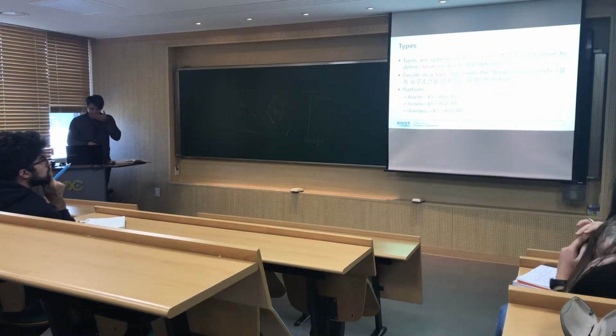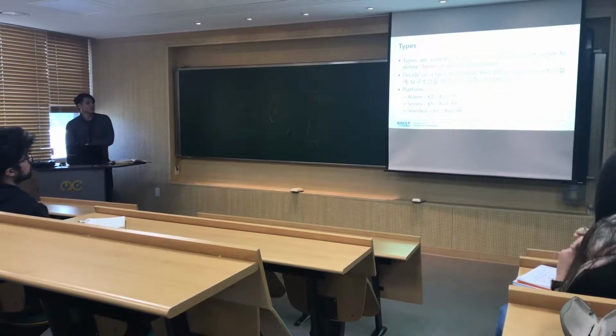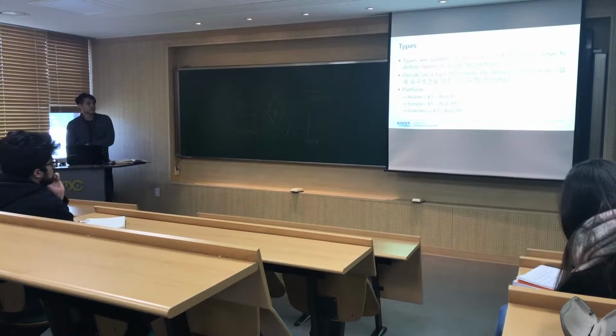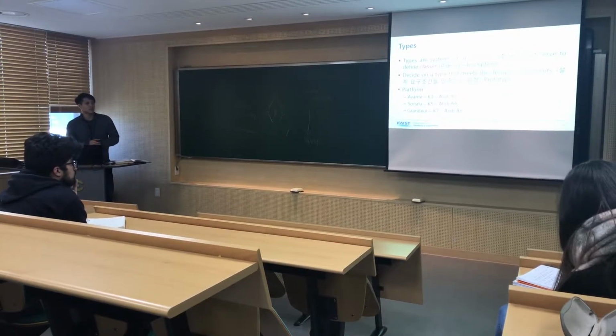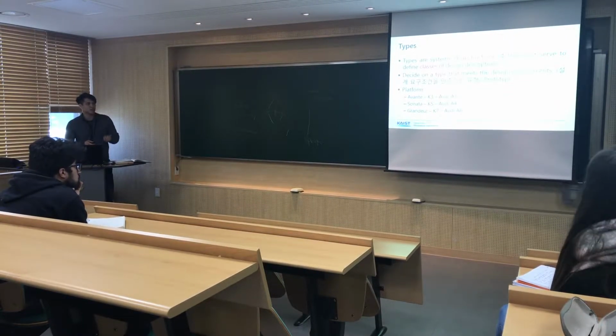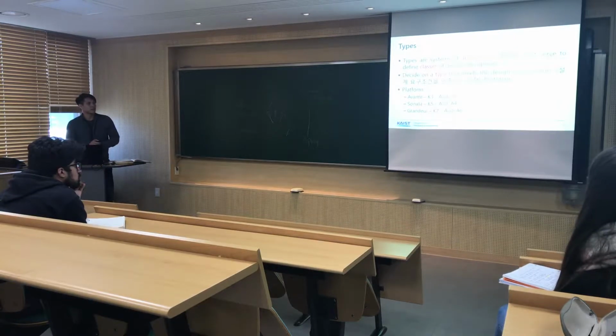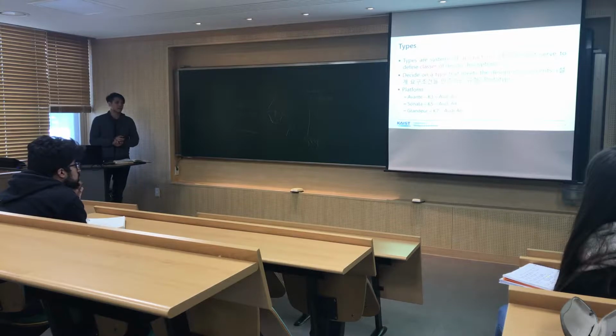And the next is the different types. Design types are systems of abstractions that serve to define classes of design descriptions. The reason why this is a good means of representing design is because it specifies different design requirements. For example, for cars, there are different types of sizes.